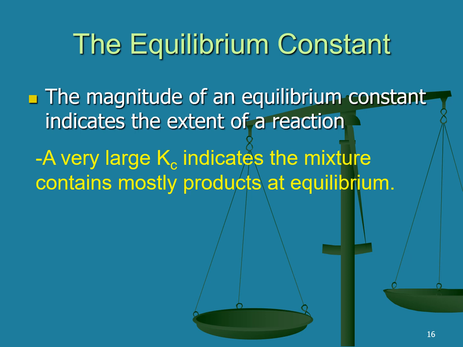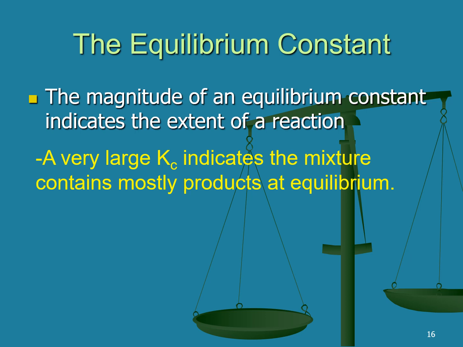If K is very large, that means your numerator is greater. When we say very large, anything over 1 indicates that products are more prevalent. If it's equal to 1, then products and reactants are equal, because we have products over reactants.